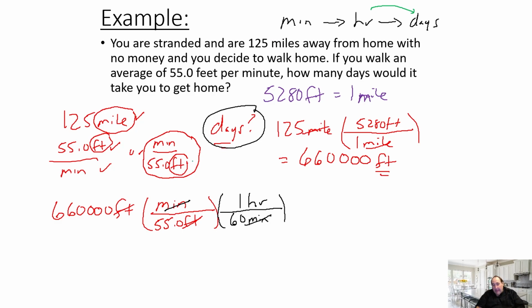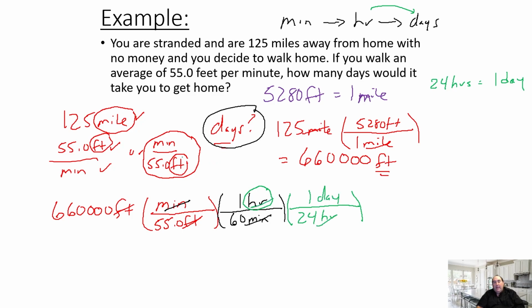By setting this up with dimensional analysis, we can clearly see hours are up on top, so we want hours on the bottom. As we talked about before, that is 24 hours in one day, not 60. So 24 hours will go on the bottom, and one day will go up on top.